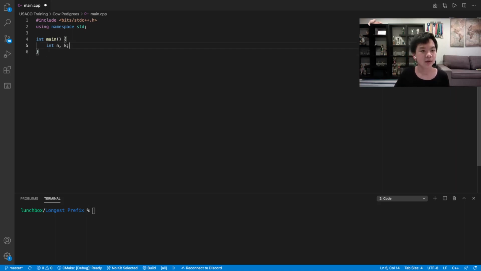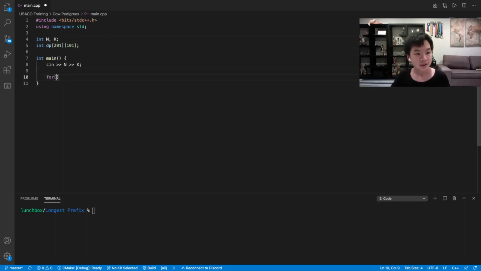We can actually make them global variables. Okay, so then we're going to construct the dp matrix. So then we can have int dp of the maximum n would be 201 and the maximum k would be 100. So let's just make this like that.